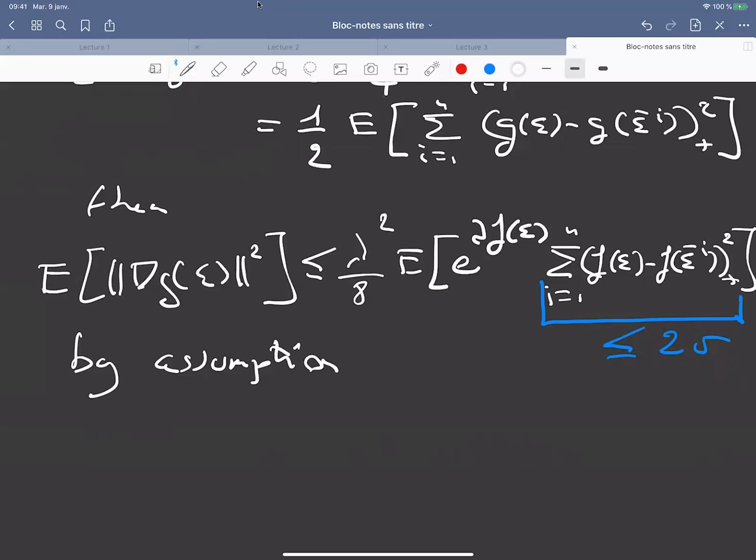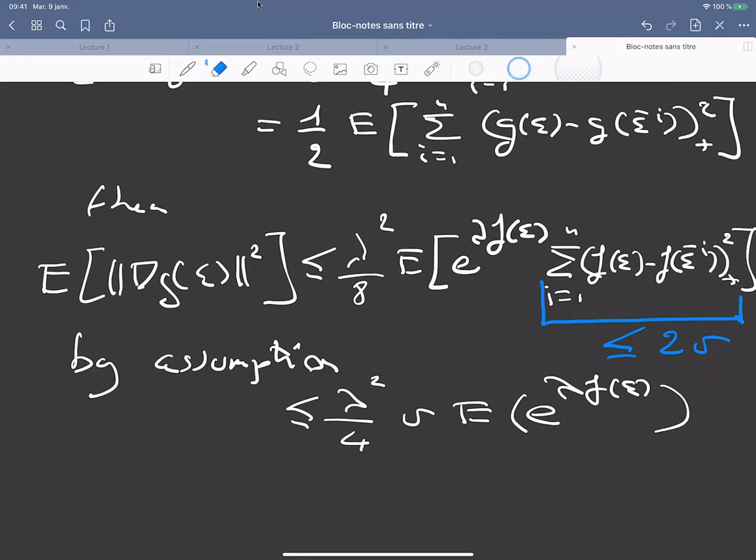And this is exactly the quantity that we needed because it is less than lambda square over 4v, expectation, excuse me, of exponential of lambda f of epsilon.